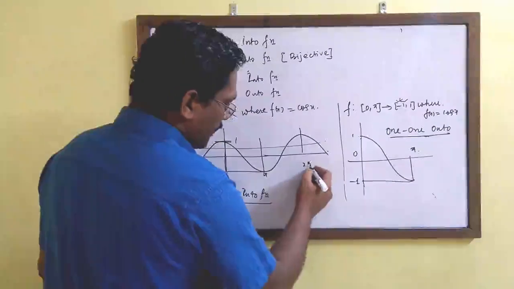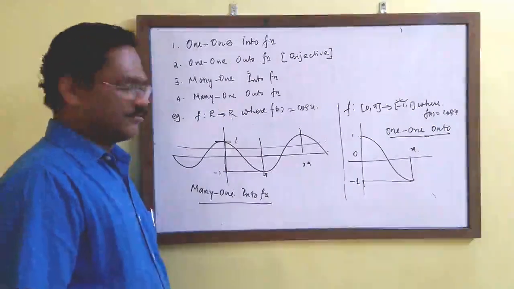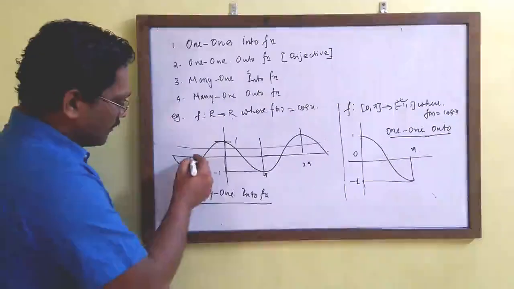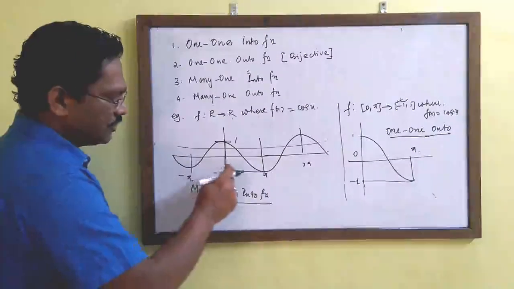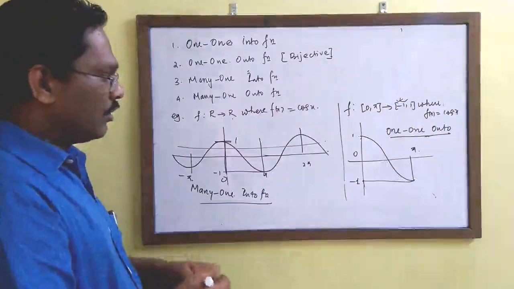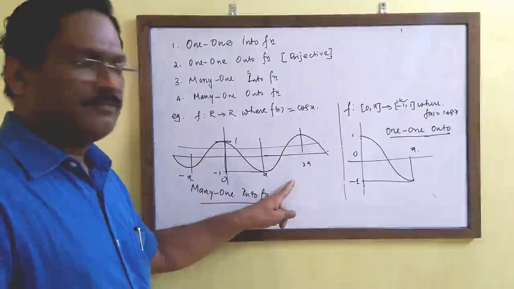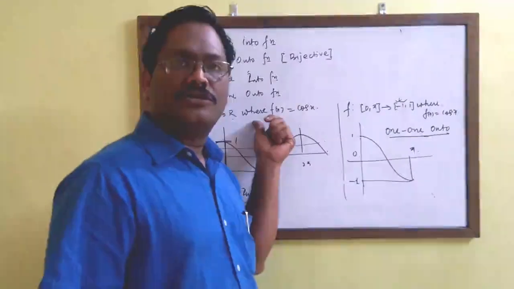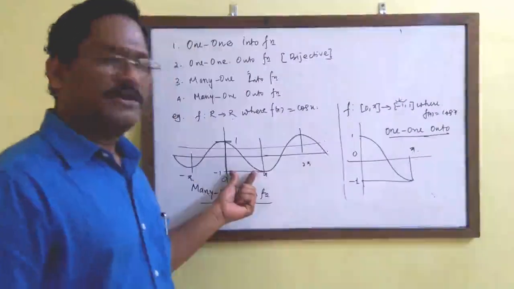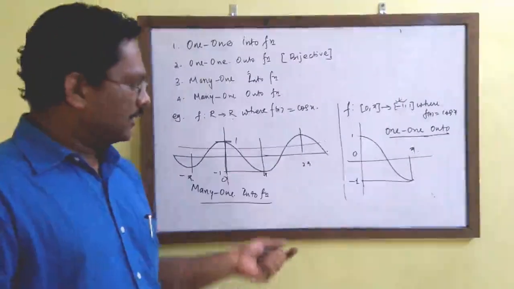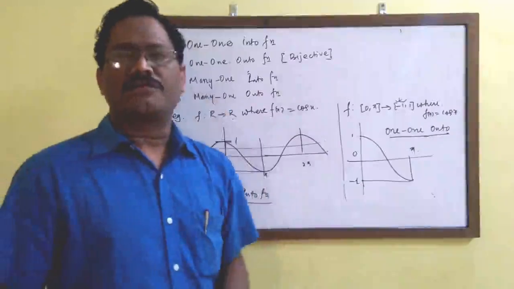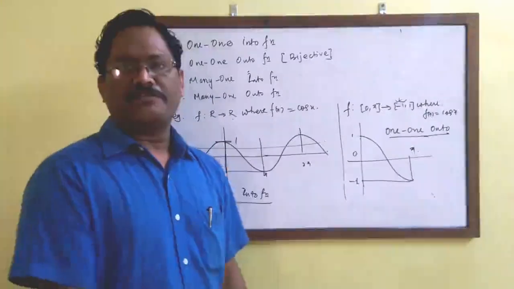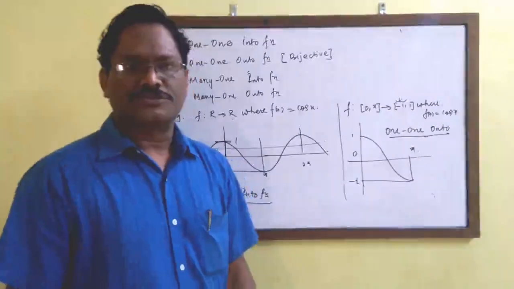From pi to 2 pi I could have also done like this, or I could have taken minus pi to 0. So all trigonometric functions can be converted from many-one to one-one by suitably restricting their domain. And this is true for all other functions also. But first let me talk of trigonometric functions.